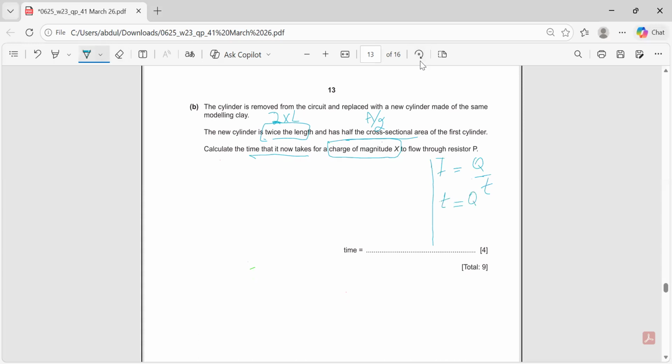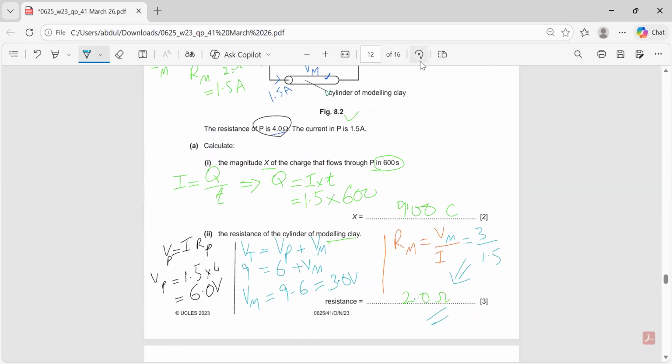That will be equal to Q over I. And yesterday Zen told me, sir, Q is 900 over I. For calculation of I, we need to do everything now. Why am I using the same charge? They said very clearly, take the charge of magnitude x to flow through resistor P. Here it is 900 coulombs. So we will be using the same charge.